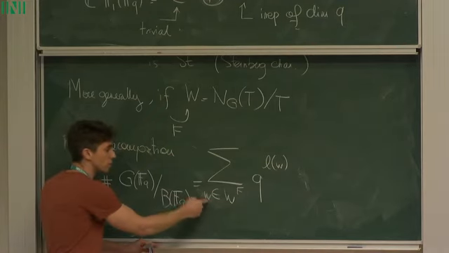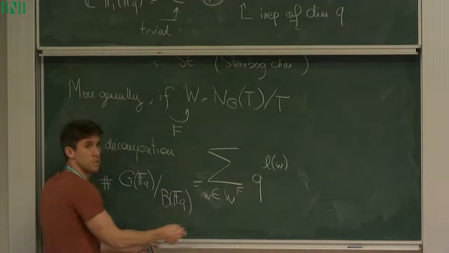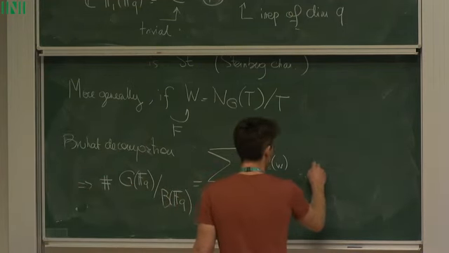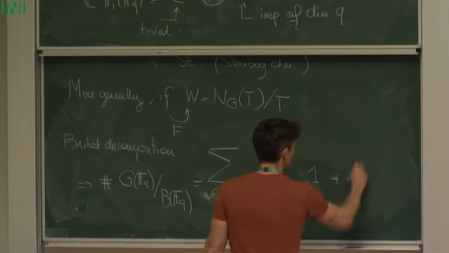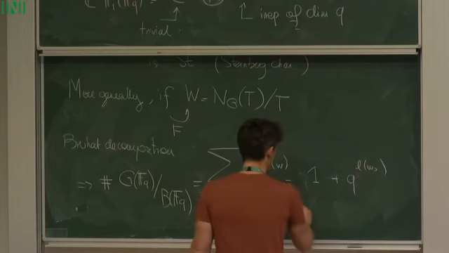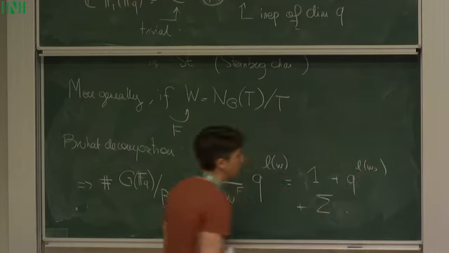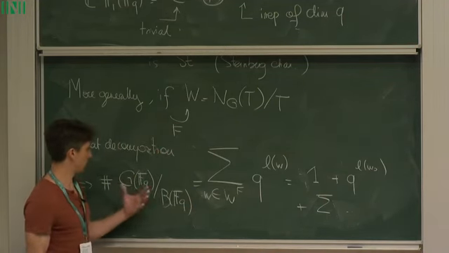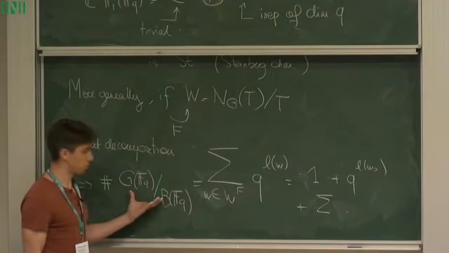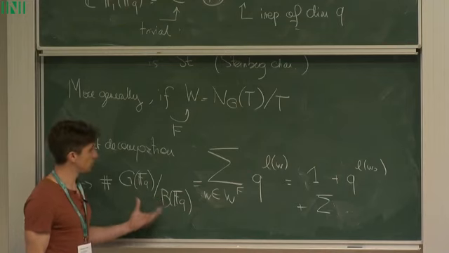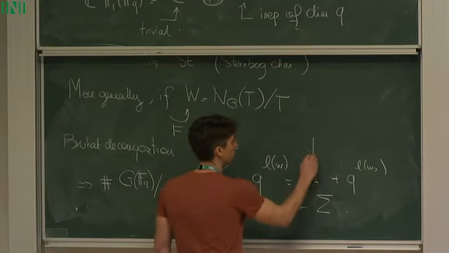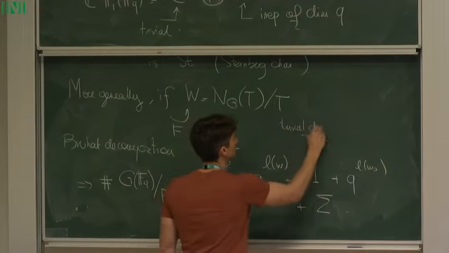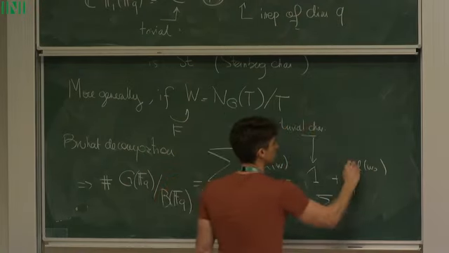And here you have two distinguished elements, the trivial element and the longest element. So you can write it like this: 1 plus Q to the length of W0, plus the rest. Okay? And the counterpart is that if you look at the permutation module, this one will correspond to the trivial representation, or the trivial character, and this one to the Steinberg character.